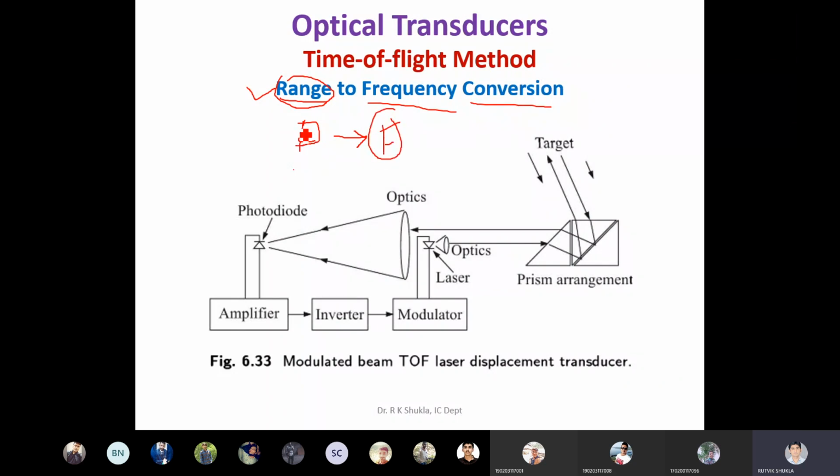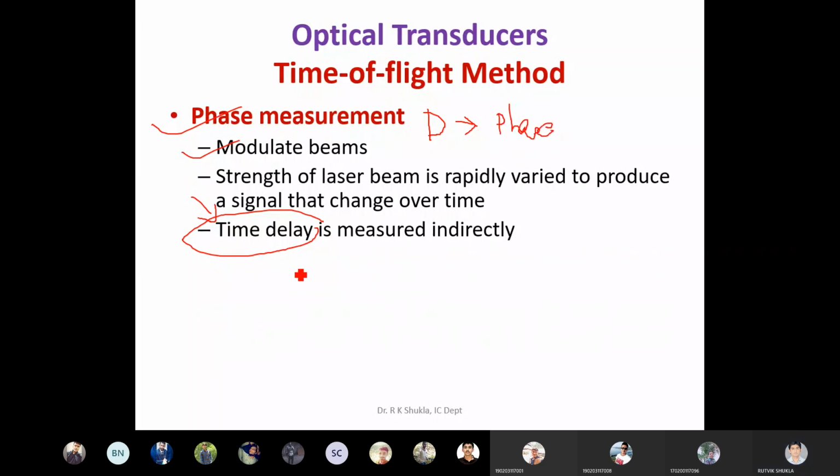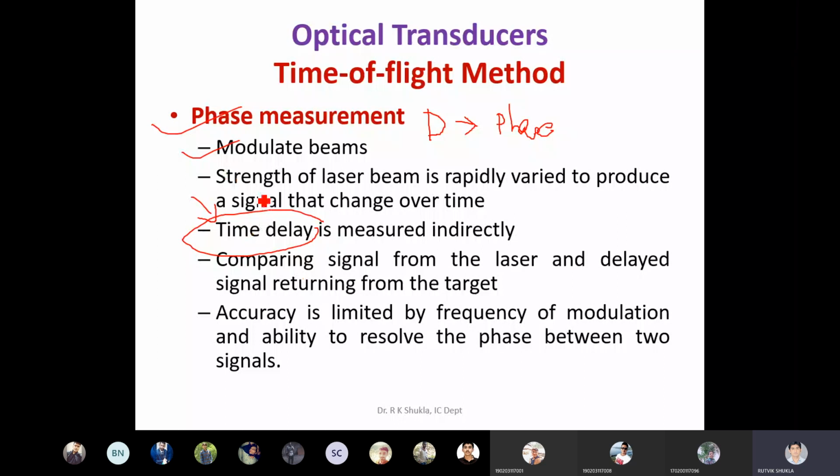That is the principle. If you look at the phase measurement method, in this we are converting the displacement in terms of phase difference or time delay. If you look at the other method, the triangulation method, then in that case we are converting the displacement in terms of the position of the beam.